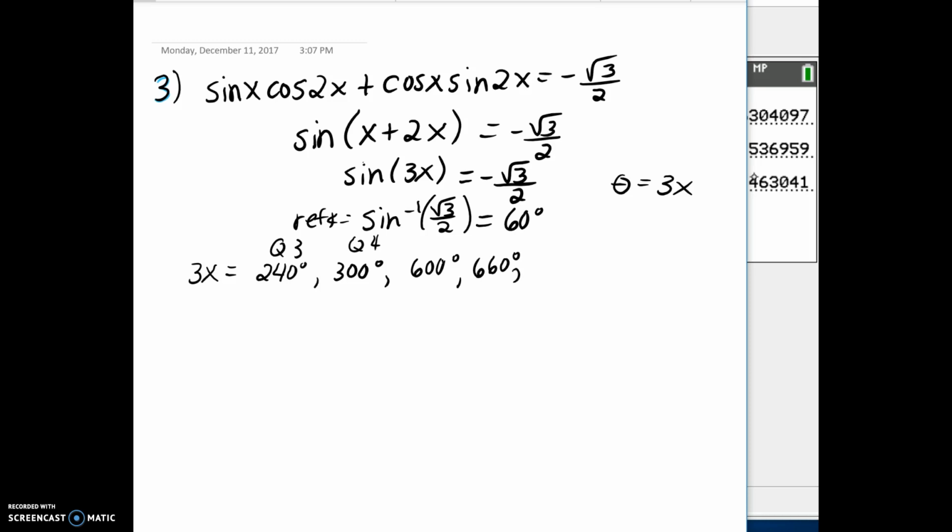So that's my second set. Set 1, set 2, and then set 3 is going to be 960 and 1020. So 3 sets for 3x.